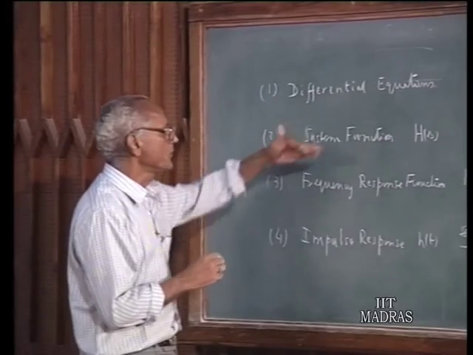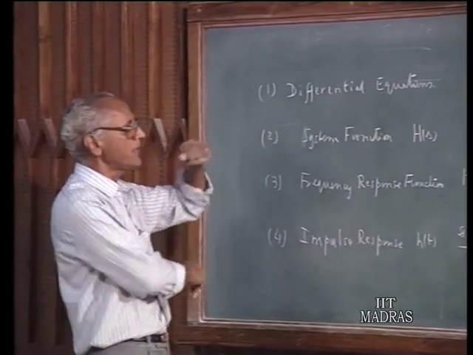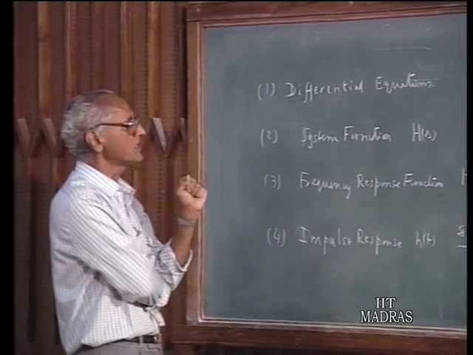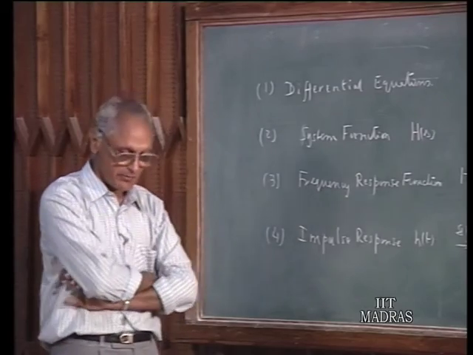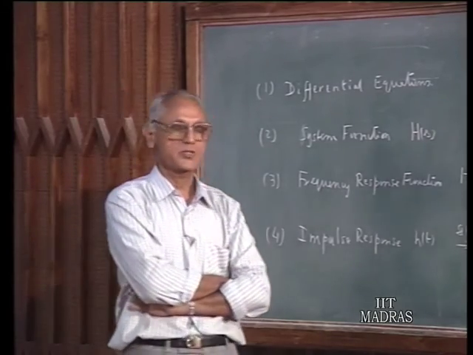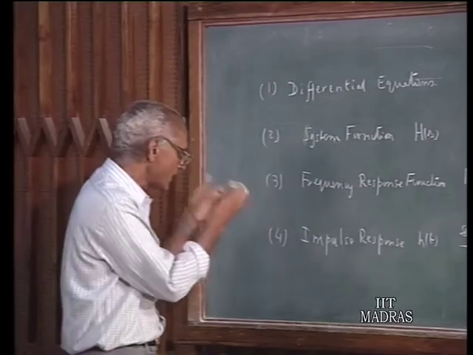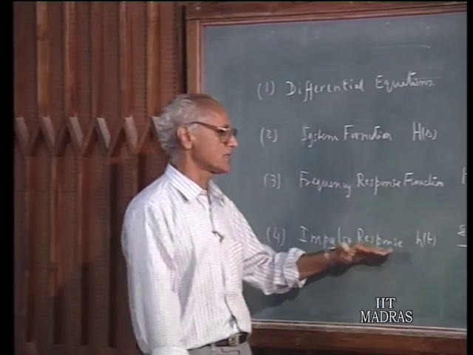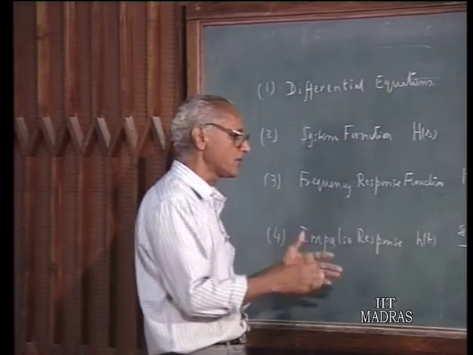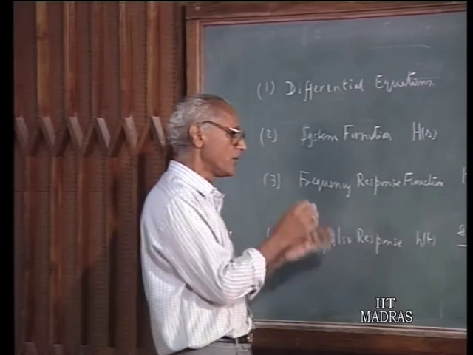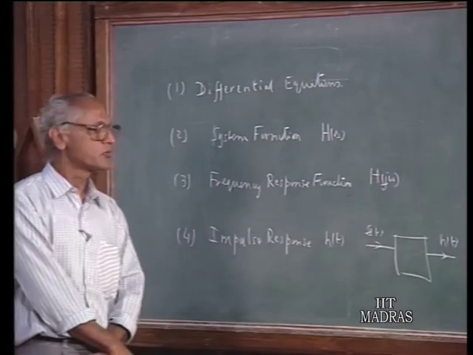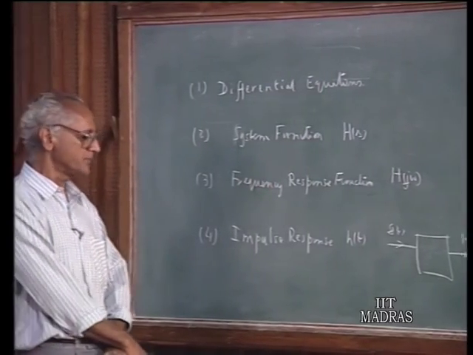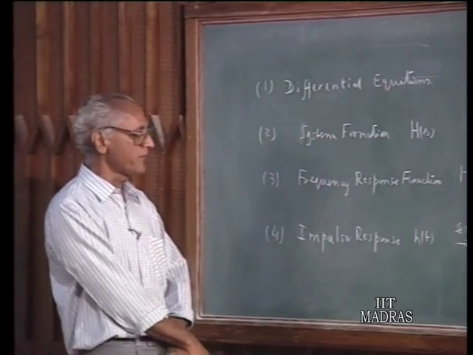That is, if you know the system function H of s, you will be able to find out the response for any given excitation. Similarly, if you know the frequency response function H of j omega, you should be able to find out the response to any excitation. And likewise, an impulse response h of t is also an independent way of characterizing a linear system. If you know the response to an impulse, you should be able to find out the response to any given input x of t. And that is also an independent way of doing this.